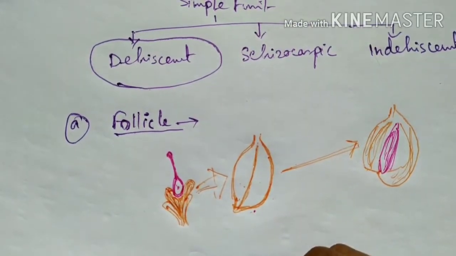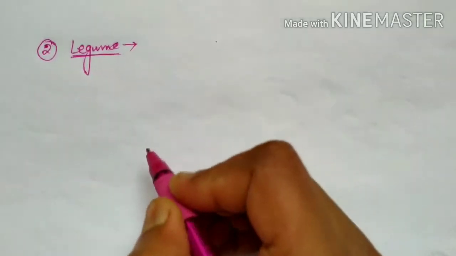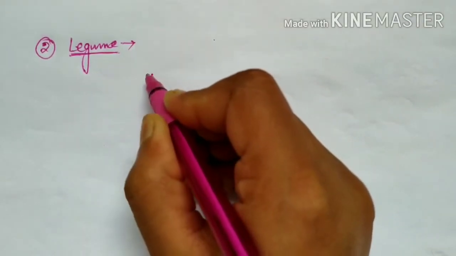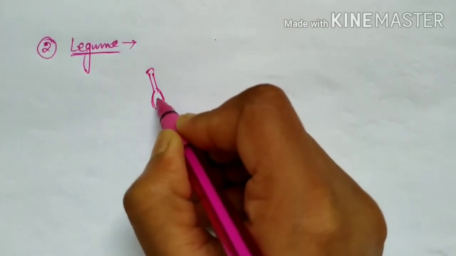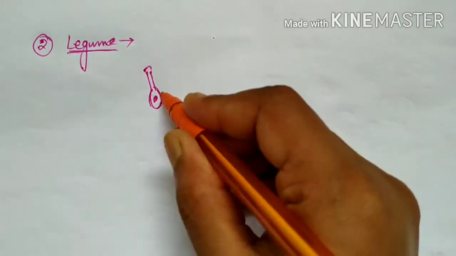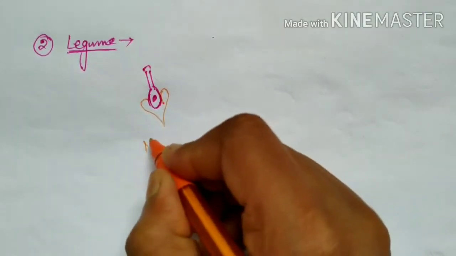The next type of fruit is legume. Here also the fruit develops from a monocarpellary superior ovary, where the carpel is single and the ovary always superior.